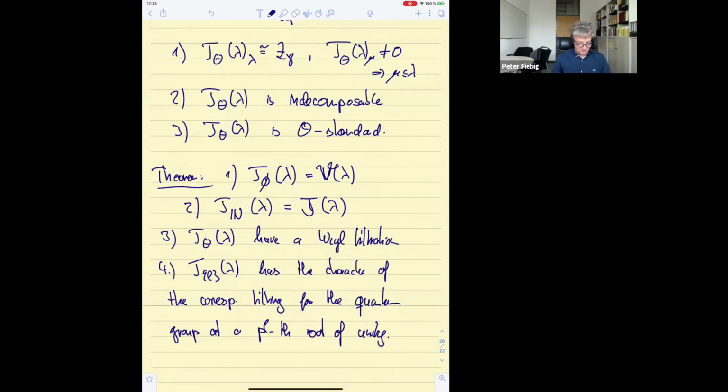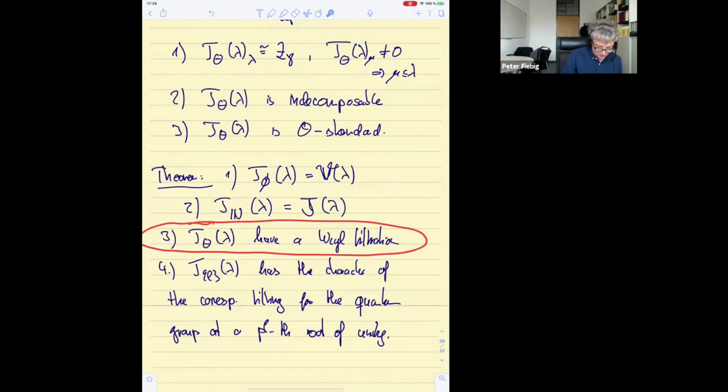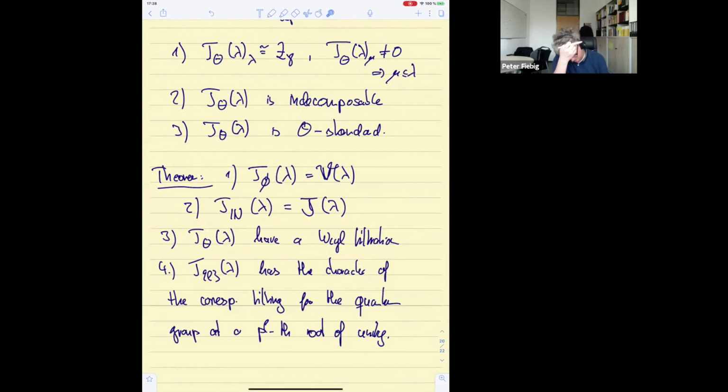So in principle now, because you have a Weyl filtration, you can calculate all these Weyl multiplicities and hope that this gives you some idea of the generations. As you can see, theta is just an arbitrary subset of N. I think if you talk about first, second, and third generation, you should take the subsets 1, 1 and 2, 1, 2, 3, 1, 2, 3, 4, and so on. But no one says that you have to do that.